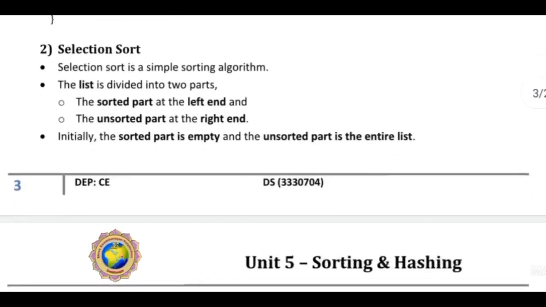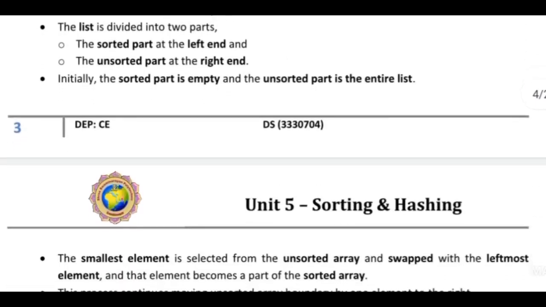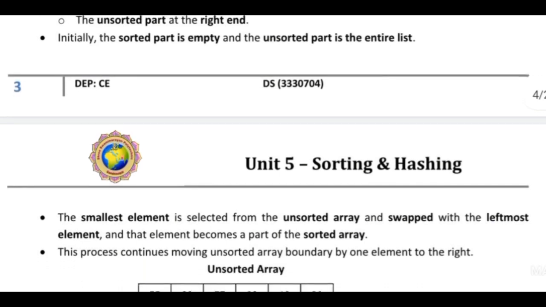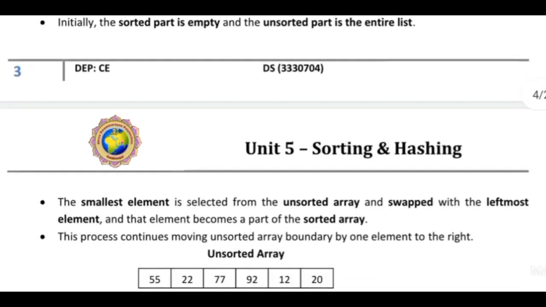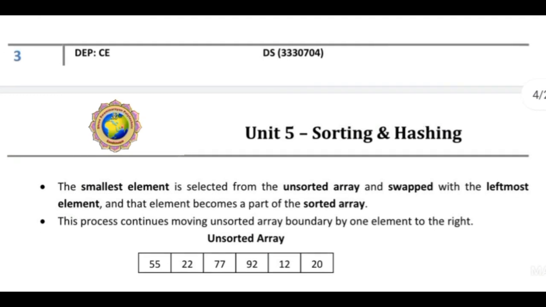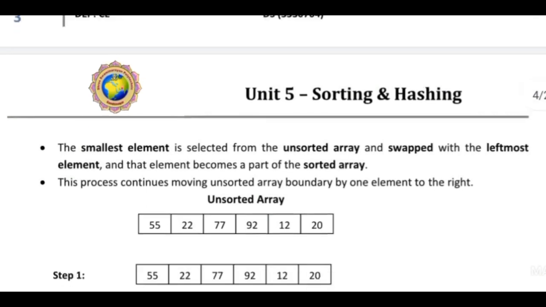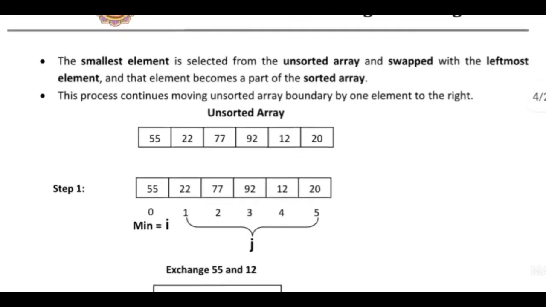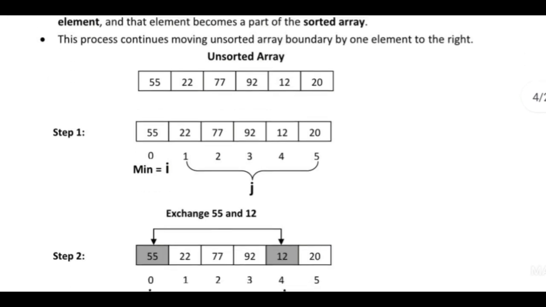Now selection sort. Selection sort is a simple sorting algorithm. The list is divided into two parts, the sorted part at the left hand and the unsorted part at the right hand. We have already discussed this sort in the video lecture series.